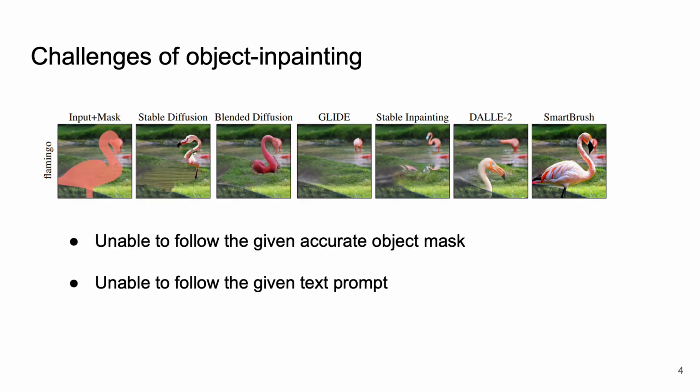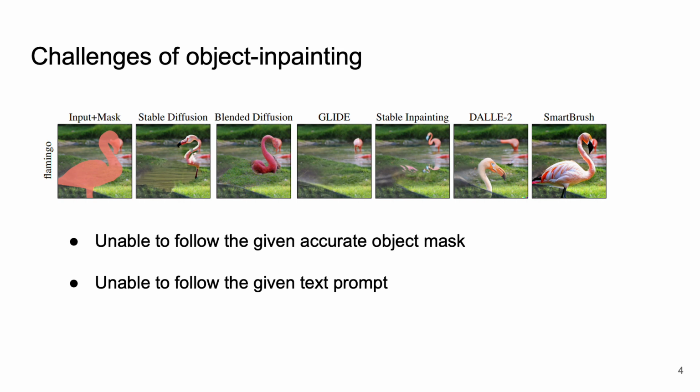However, as we can see here, there can be many failures. The first challenge is that they are unable to follow the given accurate object mask. For example, here we have an input and a flamingo mask, and the text prompt is flamingo. However, Stable Diffusion and GLIDE fail to follow the accurate mask.